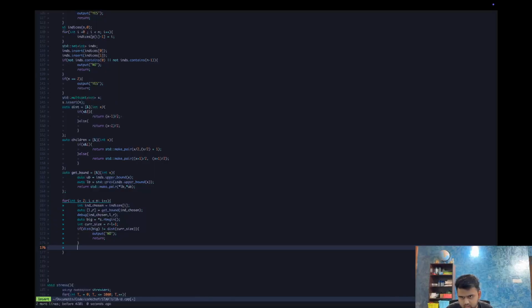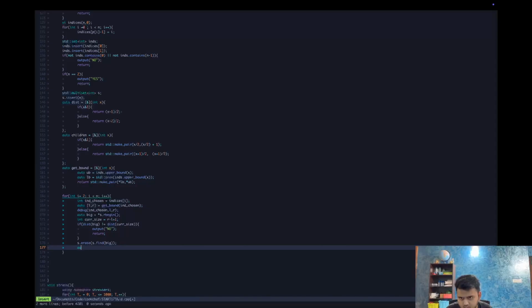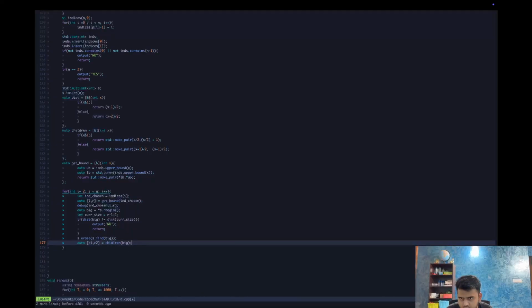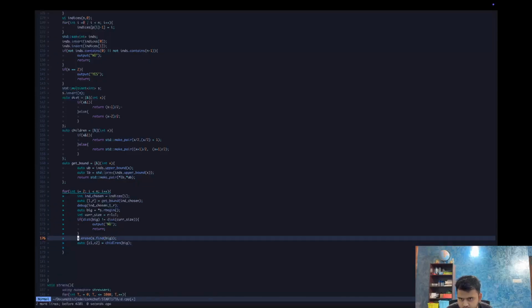So then I just s dot erase s dot find big, so just one item that's being removed. Auto c1 c2 is children of big, actually no, cur size.